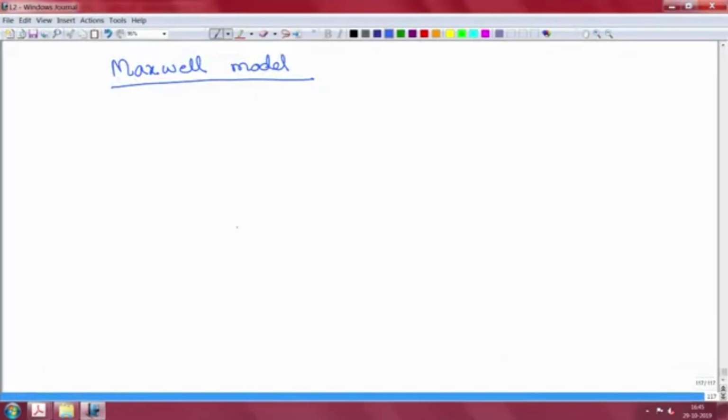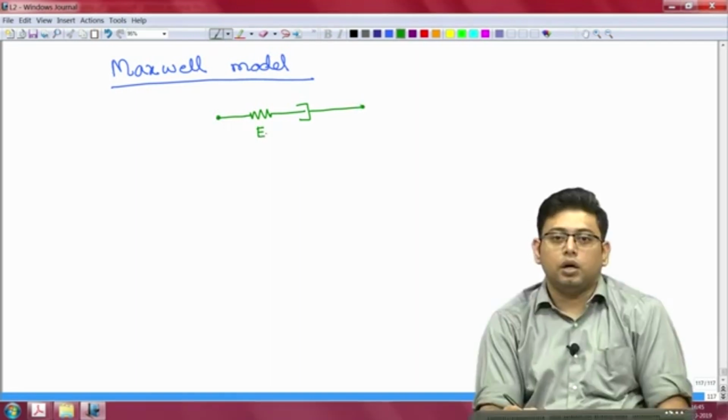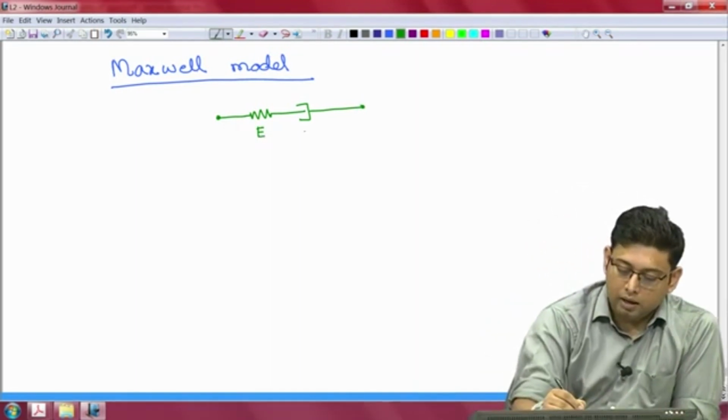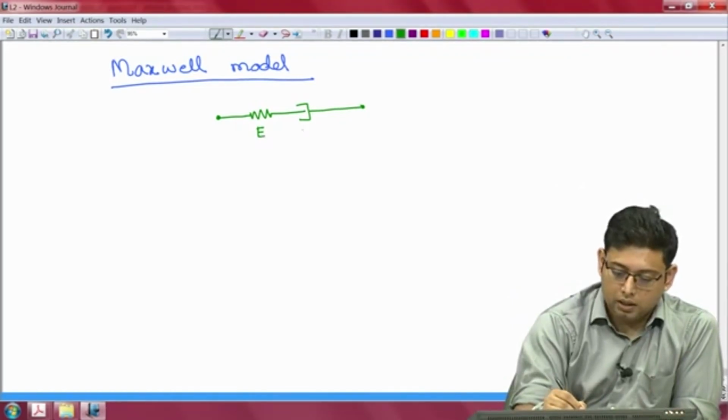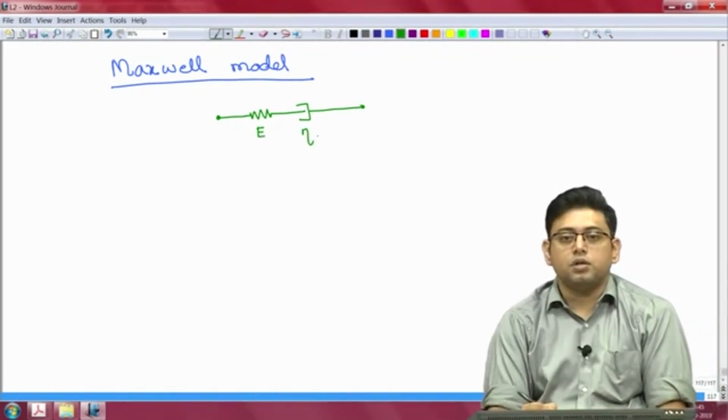Okay. So, let us go back to Maxwell's model. So, here we said what we are going to do is we are going to put a spring and a dashpot into series, and let us say this is represented by E, the modulus, and this represents the viscosity eta.